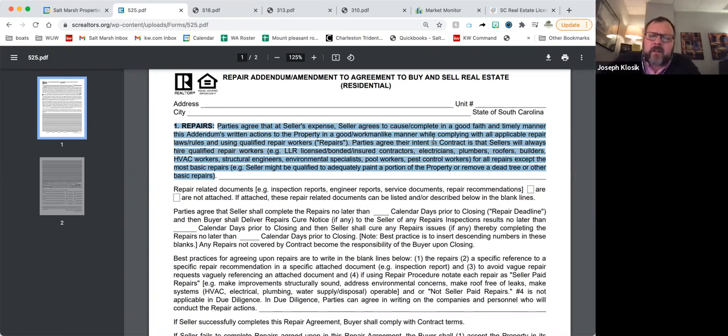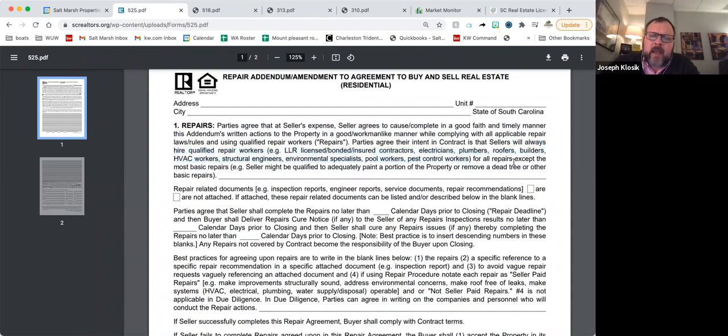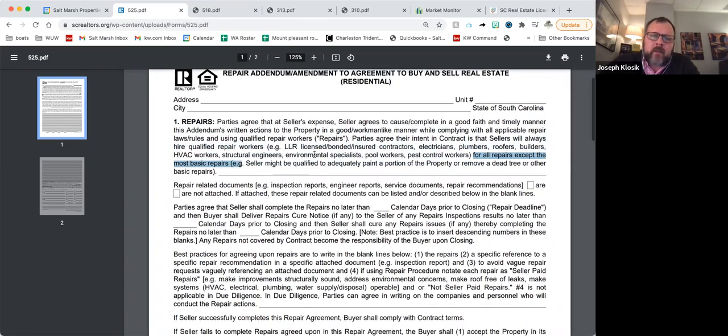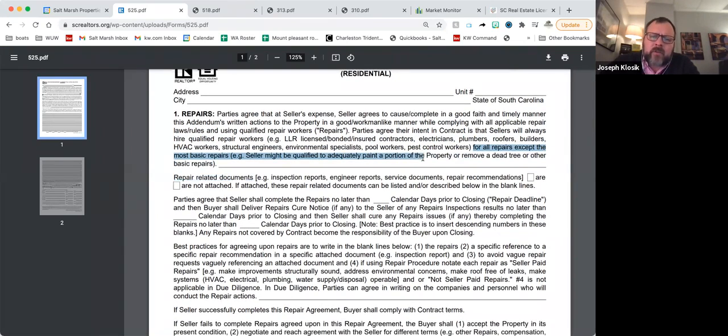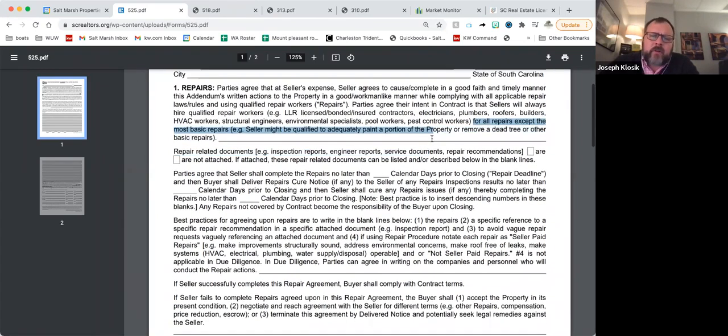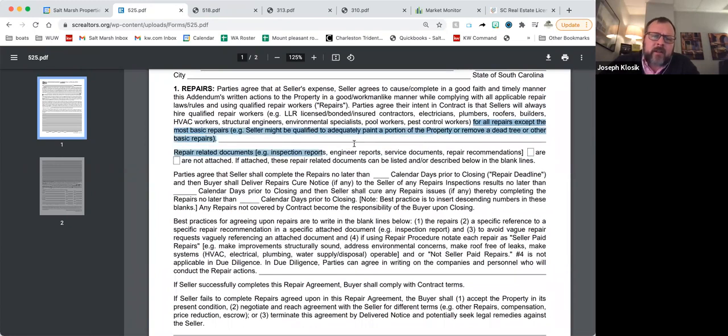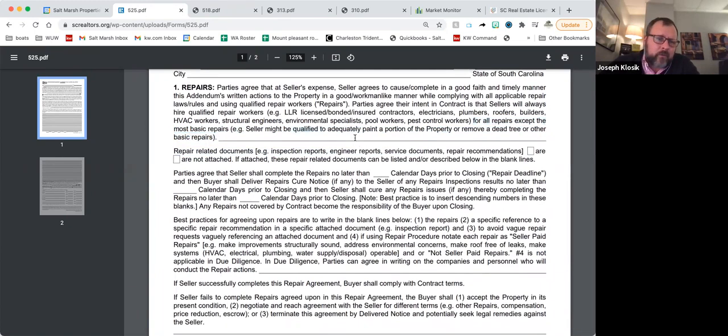Parties agree that the intent of the contract is that the seller will always hire qualified workers, licensed, bonded, insured contractors, electricians, plumbers, and so on, for all repairs except the most basic of repairs, meaning the seller could be qualified to adequately paint a portion of the property or remove a dead tree or other basic repairs. Technically, I think this line is here to put what those are. But if you don't put what those basic repairs are, then you're leaving it up for interpretation.